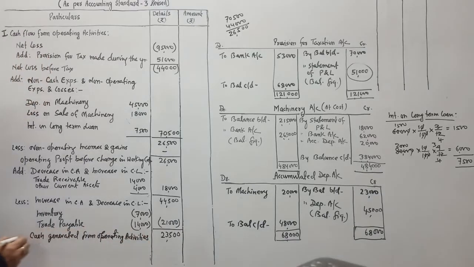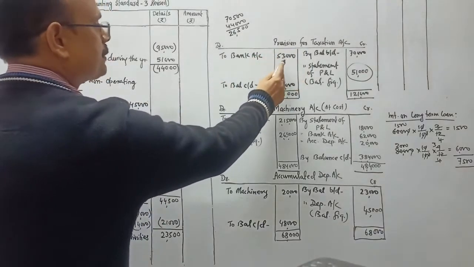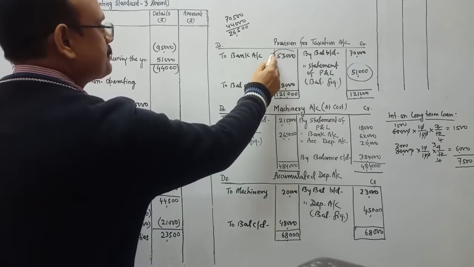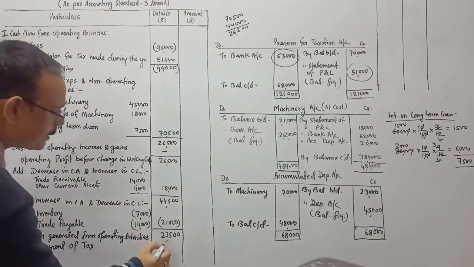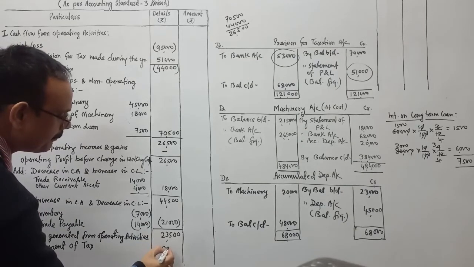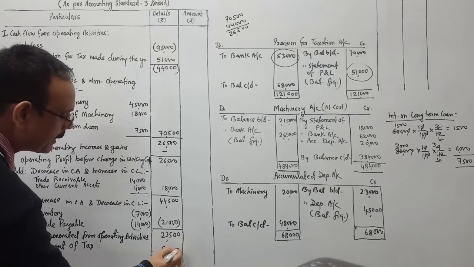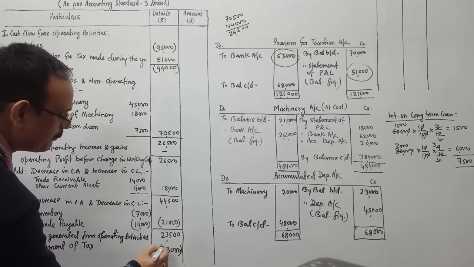Thereafter the last part is you deduct the tax, less payment of tax. We will deduct the payment of tax. And for that you see the ledger of provision for tax, payment of tax is 53,000. So this 53,000 will be deducted, within bracket.